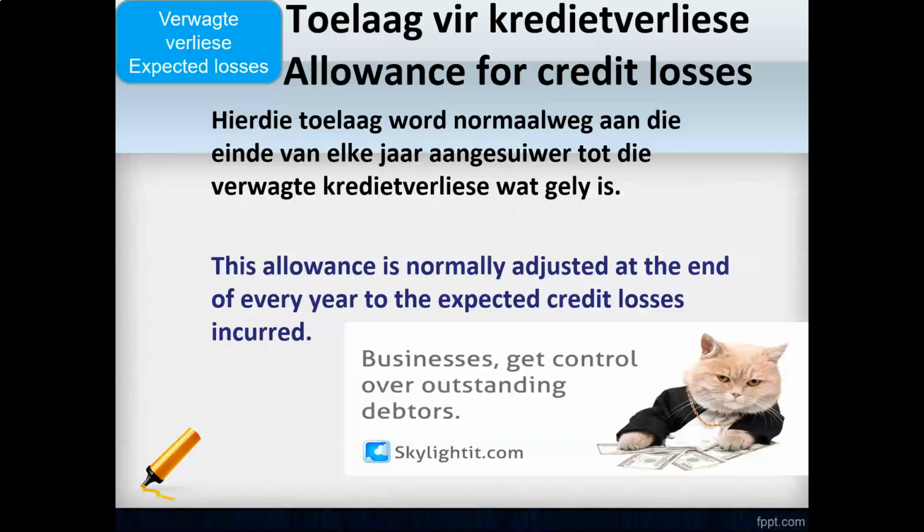Then what I'm going to do at the end of the financial year, I'm going to adjust my allowance for credit losses account to be reflective of my expectation on outstanding debtors as at the end of the financial year.